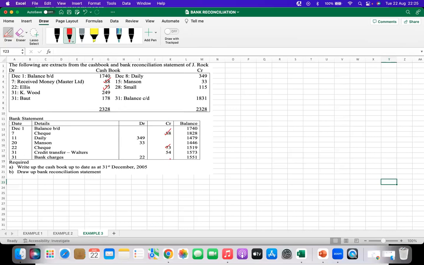And 54 appears on the credit side of the bank statement and does not appear in the cash book.